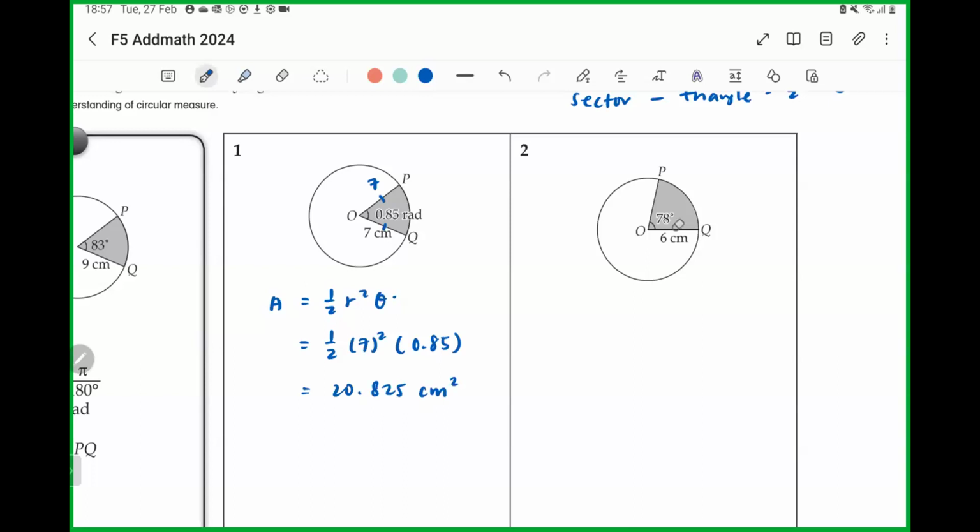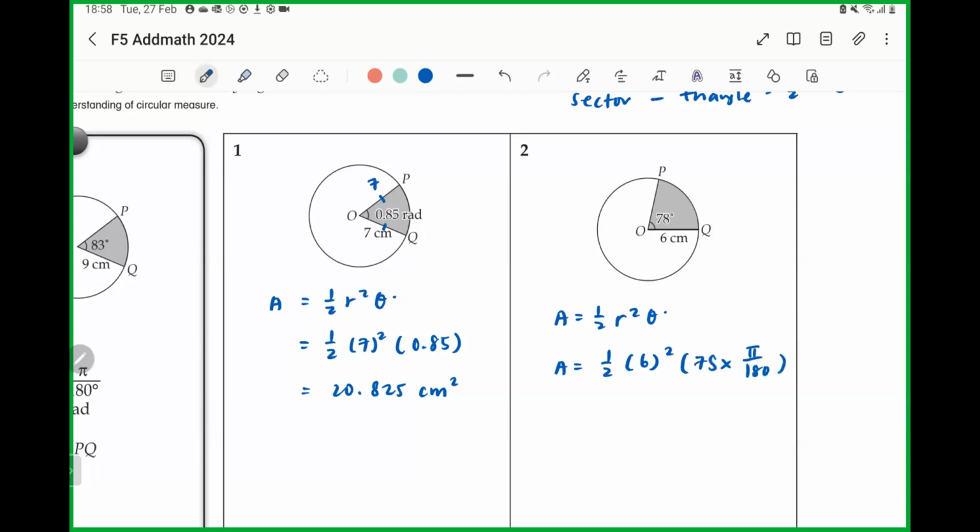Second one, this example. The area will be equals to 1 over 2 r squared theta. Area equals to 1 over 2, r is 6 squared, and then the theta is 78, right? So 78, you have to change it to radian, so times pi over 180.